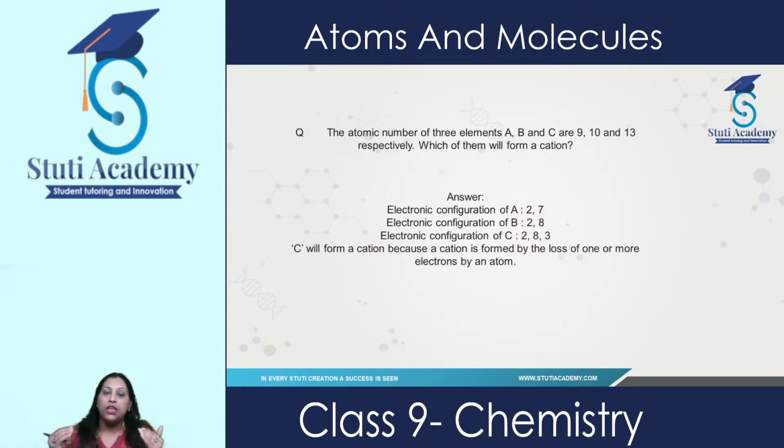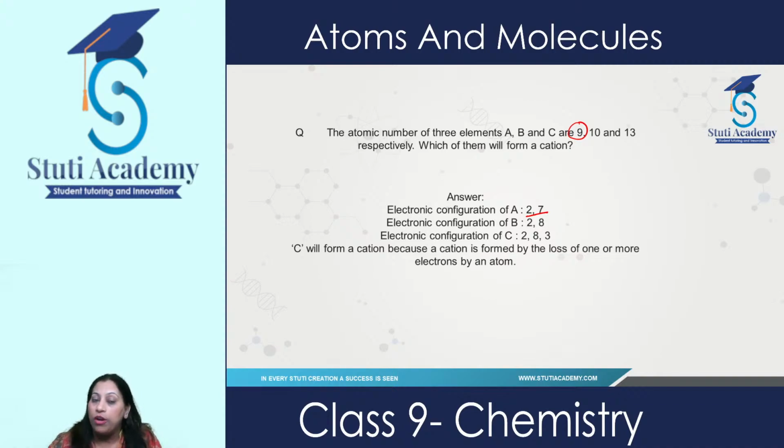Now first of all we need to know the atomic number, which is already given, and we should know how to write their electronic configuration. So first, 9. The first element A, which has atomic number 9, I'll write its electronic configuration. So here is the electronic configuration, 2 and 7.